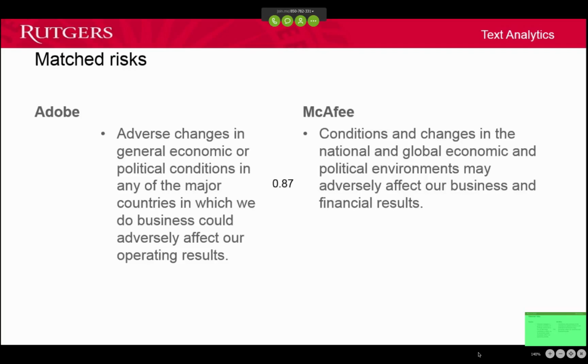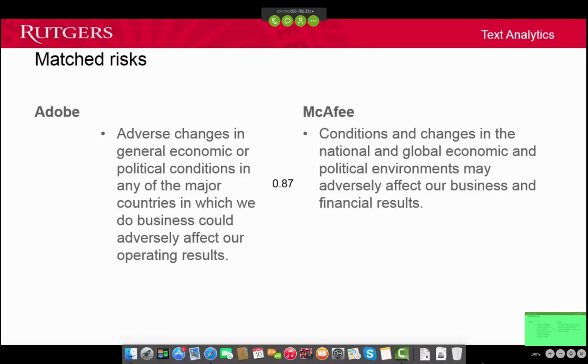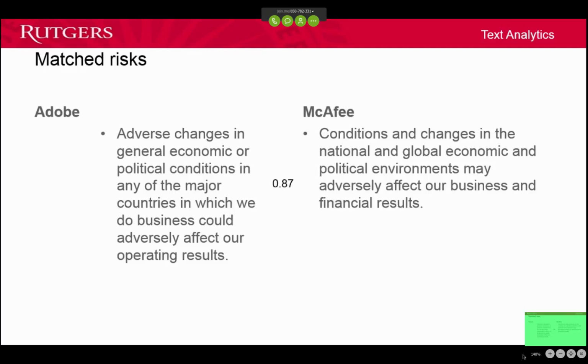So Adobe says, adverse changes in general economic or political conditions in any of the major countries in which we do business could adversely affect our operating results. McAfee said, conditions and changes in the national, global, economic, and political environments may adversely affect our business and financial results. So what are the words that you think are the same that cause these two risks to be identified as similar?